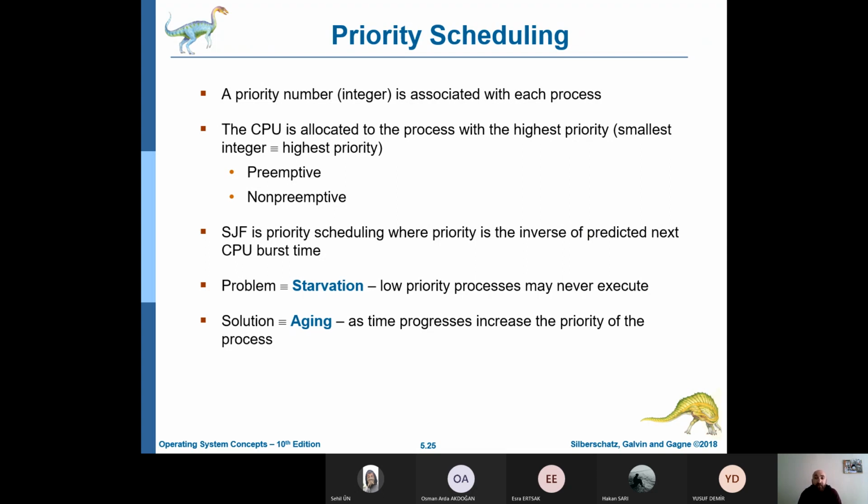Eventually, even a process with an initial priority of 127 would have the highest priority in the system and would be executed. It's called aging. In fact, it will take a little over 2 minutes for a priority 127 process to age to a priority 0 process. So it's a solution for starvation.